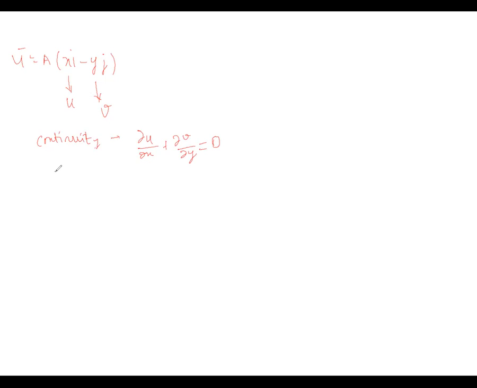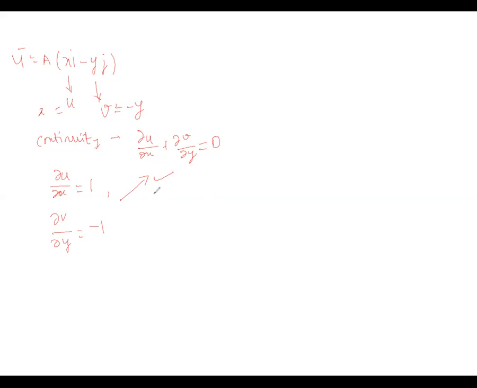So from this, dou u by dou x equal to 1 and dou v by dou y equal to minus 1, because here u equal to x, v equal to minus y. So we are substituting here, and the continuity equation is satisfied. So the first option is true, that is not false. The second one we already said is not unidirectional for a particular condition.